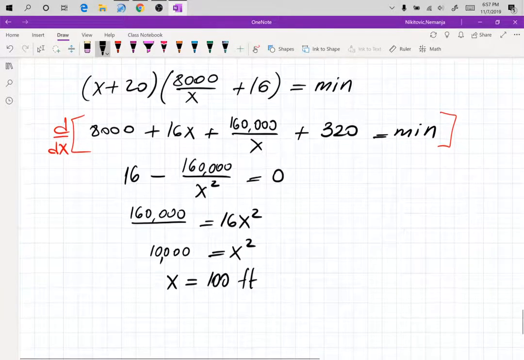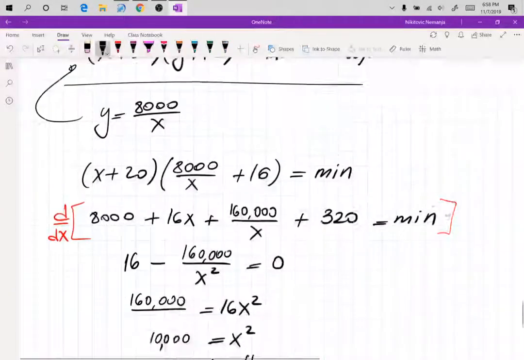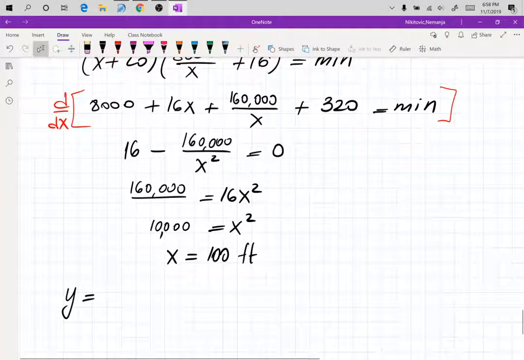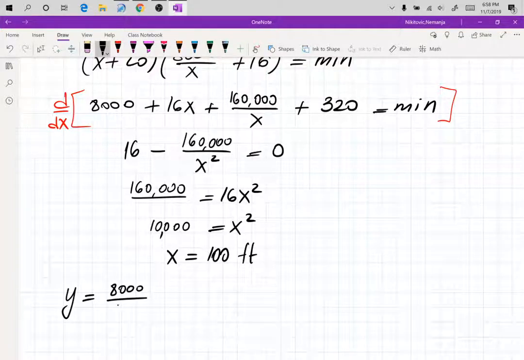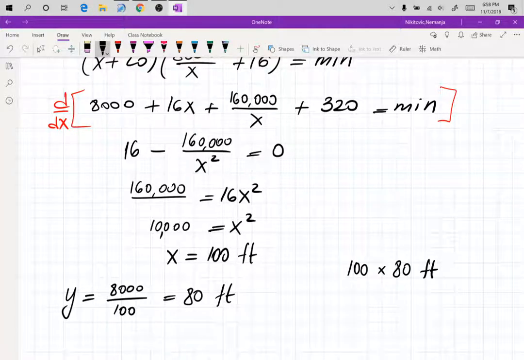And now we can calculate our y, which was 8,000 divided by 100, knocks off zeros, is 80. So the dimensions of the pool are 100 by 80 feet.